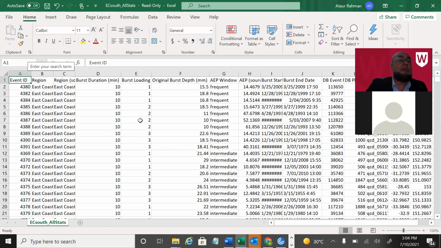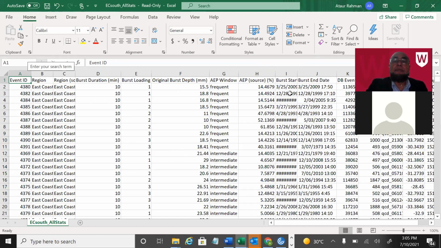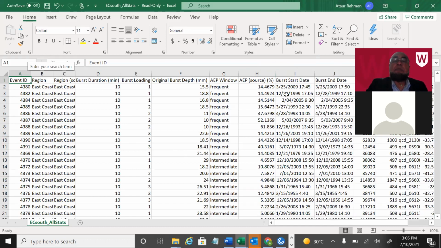Yeah, that's fine. So it's giving the different event ID, and it's giving the location. Original burst depth is 15.5 millimeter. It's within the frequent event. AEP is in percent. This is the burst start.